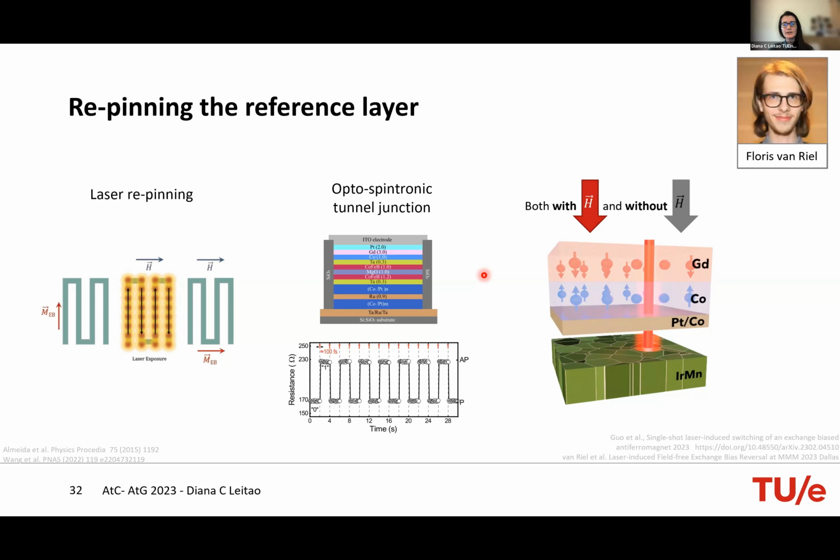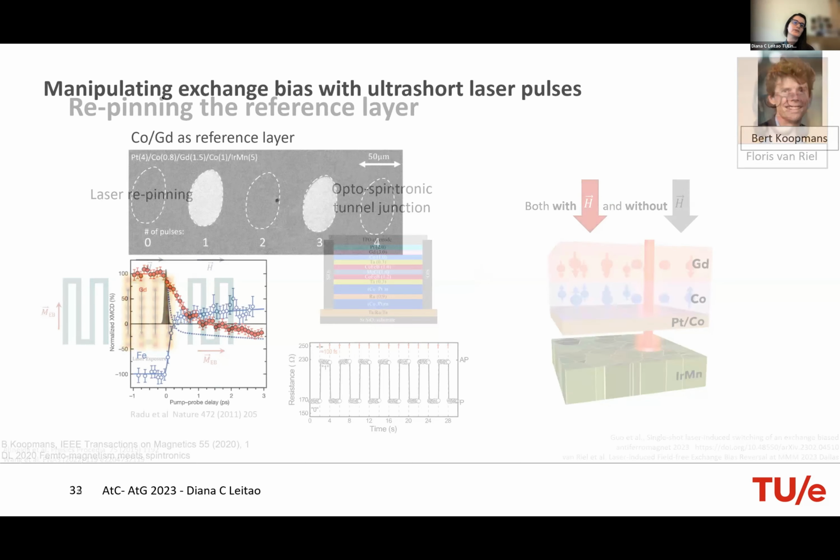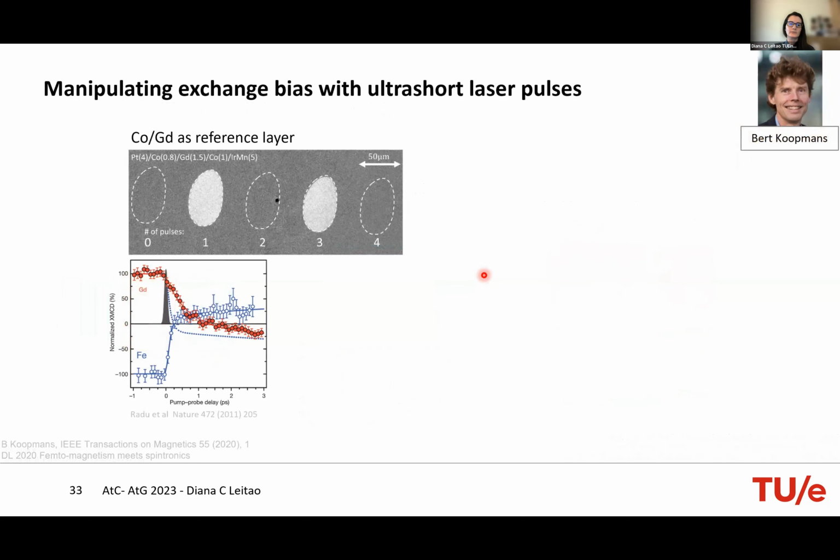So here in the group at TU Eindhoven, in particular Bert Koopmans and Reinoud Lavrijsen, they are specialists in this all-optical switching of multilayers. The phenomenon of all-optical switching was discovered in ferrimagnetic systems some time ago.